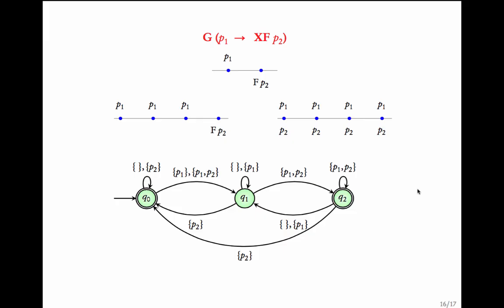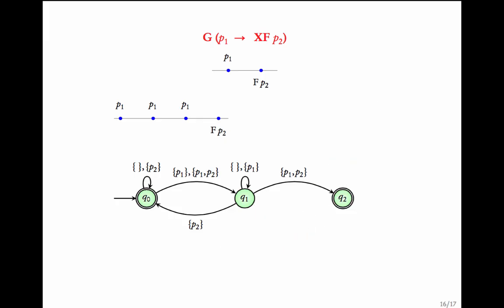Let me repeat the transitions out of Q2 one more time. When you come here, you know that you are yet to see XFP2 for this P1. There are three ways now. As long as you see P1, P2, you are yet to ensure XFP2 for the last P1. There is one possibility where you keep seeing P1, P2 forever, in which case it is fine, because for every P1 here, there is a P2 here, for every P1 here, there is a P2 here, and there is no end.